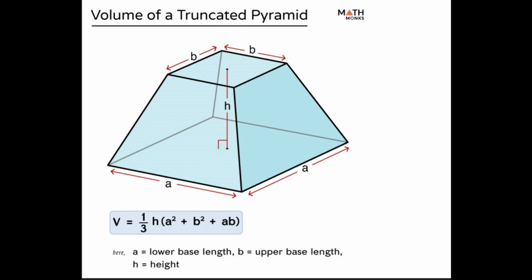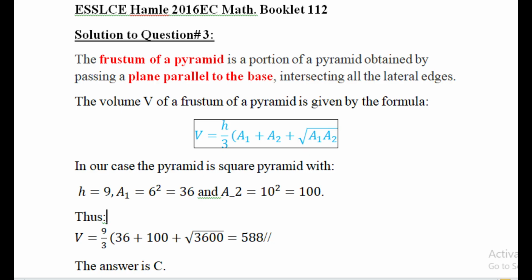The lower base is 10 by 10, so its area is 100. The upper base is 6 by 6, its area is 36, and the height is 9. So we get volume is equal to 9 over 3, which is 3, times 36 plus 100 plus square root of 3600. When we evaluate this, we get 588, so the answer is C.